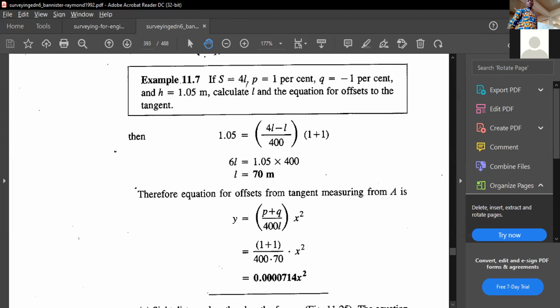Yes. So we just put them in, and then basically we get the answers that we need. So the y is this one.